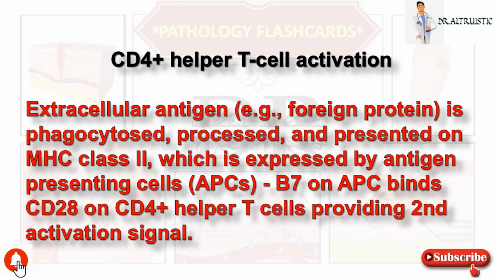CD4 plus helper T cell activation. Extracellular antigen, e.g., foreign protein, is phagocytosed, processed, and presented on MHC class II, which is expressed by antigen-presenting cells, APCs. B7 on APC binds CD28 on CD4 plus helper T cells, providing second activation signal.